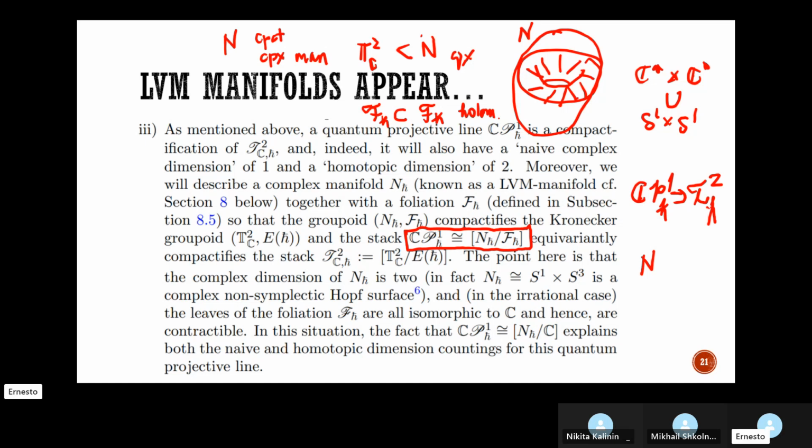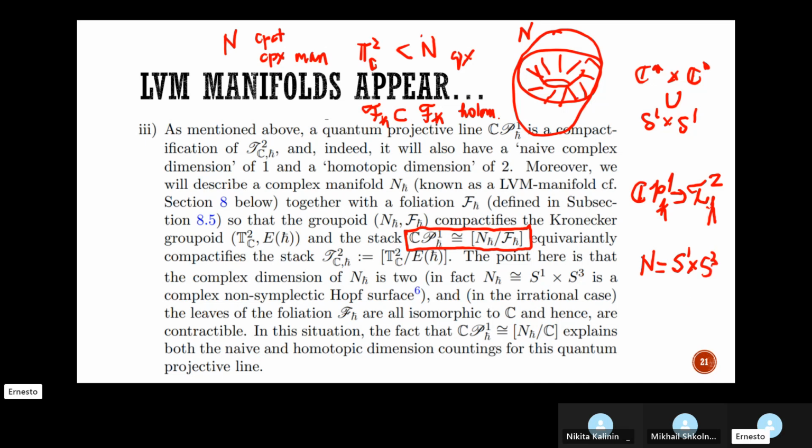What is moving with H bar is the foliation. What is moving with H bar, and now I'm starting to speak about moduli. As I move H bar, I will create moduli of these objects, but N will mostly remain fixed. In any case, N happens to be S1 cross S3.